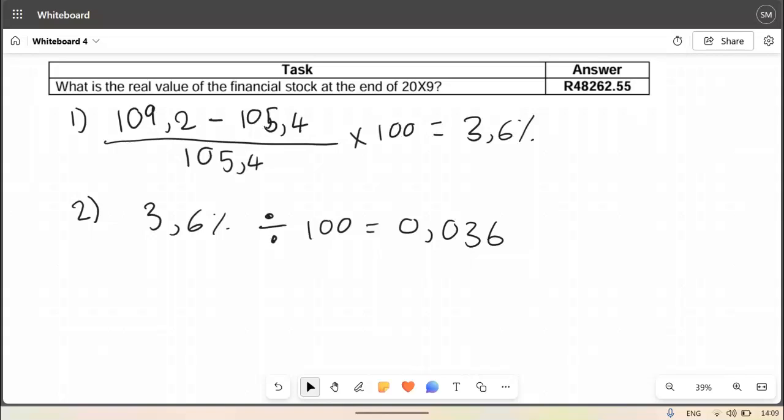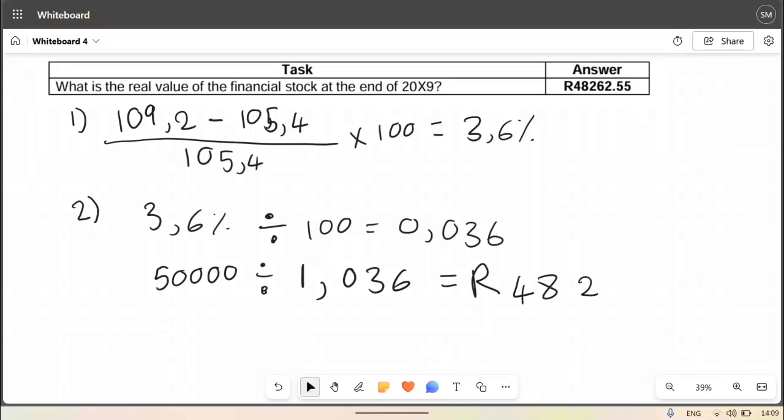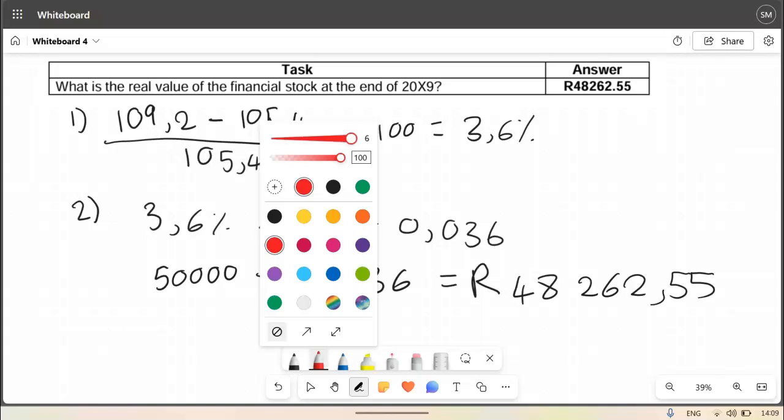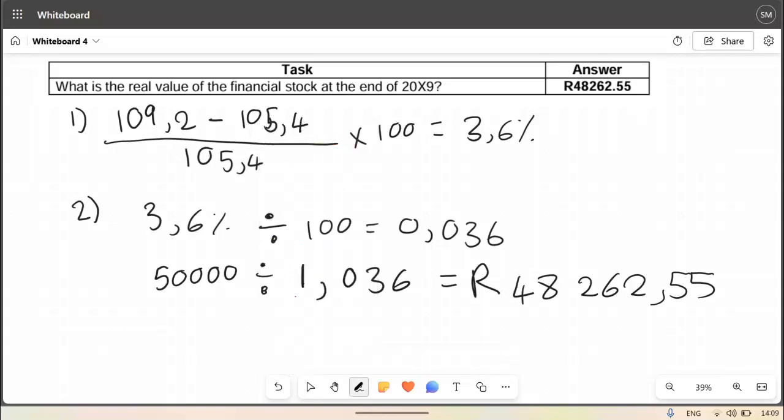So we're going to take our 50,000, divide everything by 1.036, and the answer there is going to be 48,262.55.